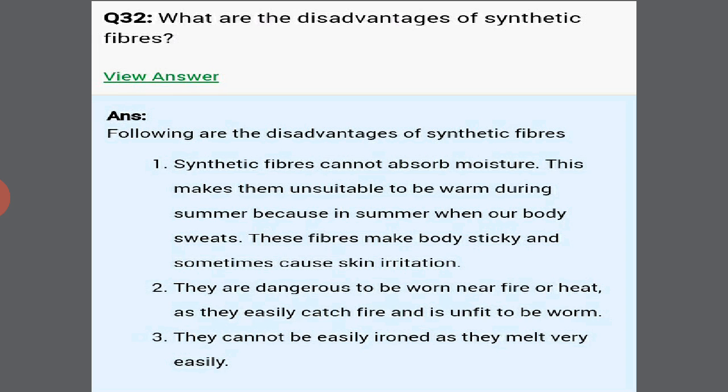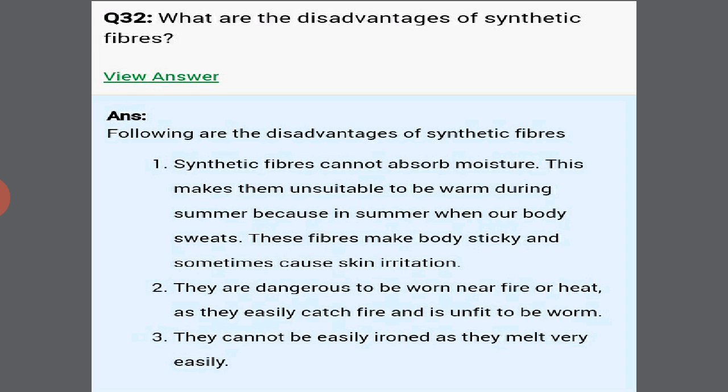This makes them unsuitable to be worn during summer. Because in summer when our body sweats, these fibers make the body sticky and sometimes cause skin irritation also. So we cannot use them especially during the summer season because they can cause irritation and itching problems to our skin.